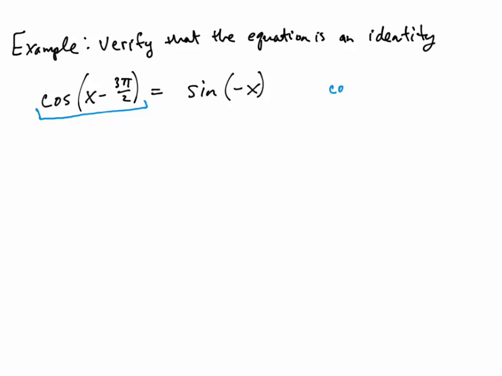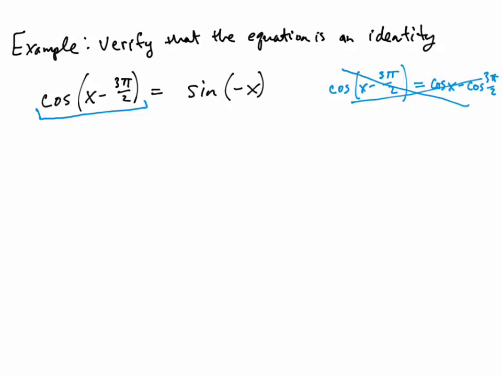Now, one thing we don't want to do, it's very tempting when we see this to write cosine of x minus cosine 3 pi over 2, kind of like you're distributing the cosine. That is not what we want to do. We must use the difference identity.